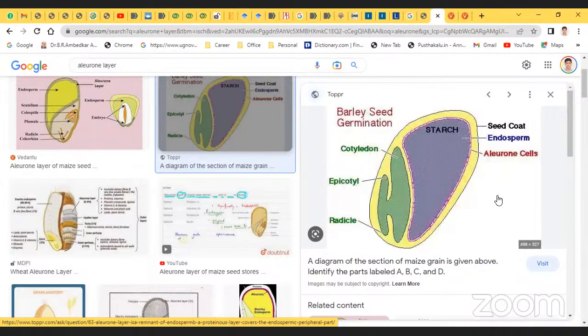So here the dicotyledonous embryo has two cotyledons attached to an embryonic axis. You know, di means two cotyledons. What are the examples of two cotyledons? Groundnut. Yes.